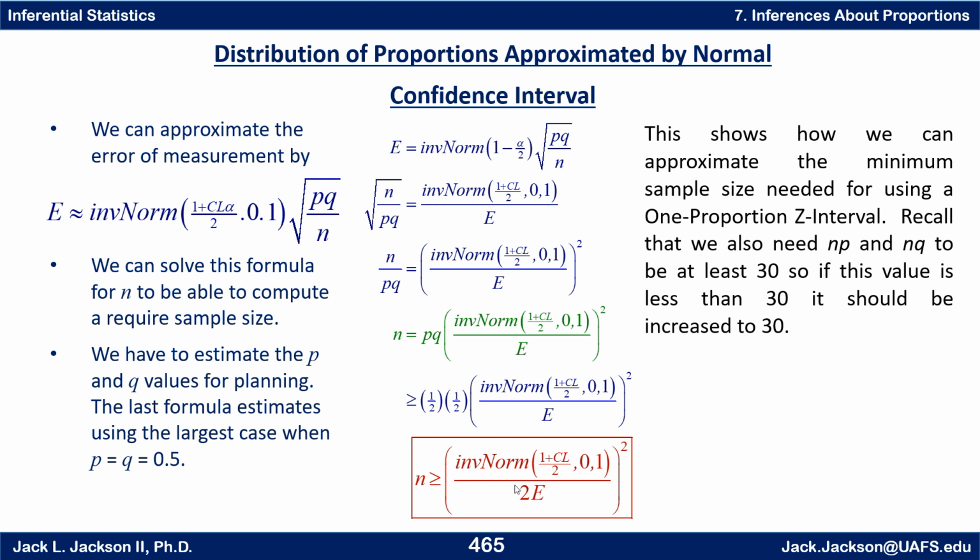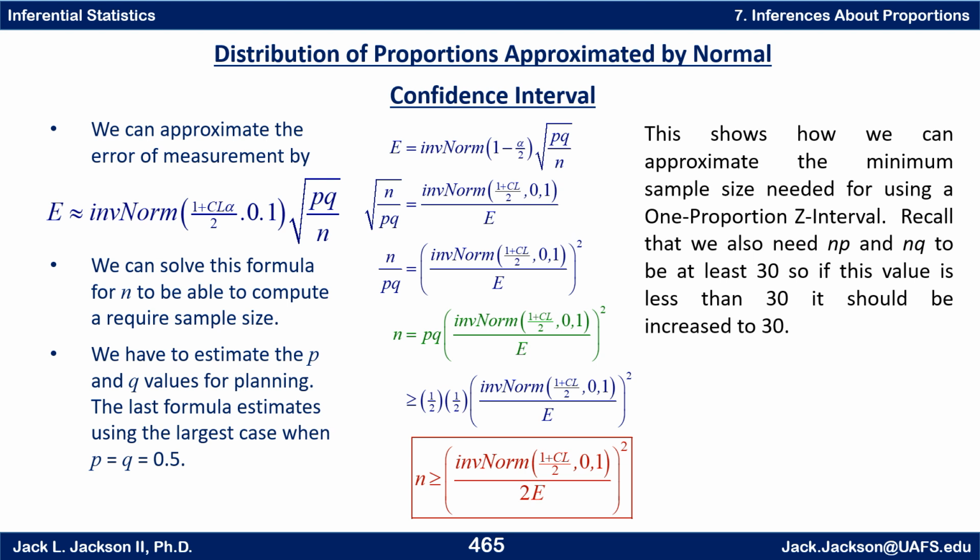So in the end, we end up with this formula in the box here, in red, that says n is greater than or equal to inverse norm of 1 plus confidence level over 2, 0, 1. So that's the inverse normal from a standard normal distribution. Divide by twice the margin of error, square it, and of course, remember, we always round up. And so this will give us an estimate for how big we need n to be for a confidence interval, given that we have already established a confidence level and a margin of error.